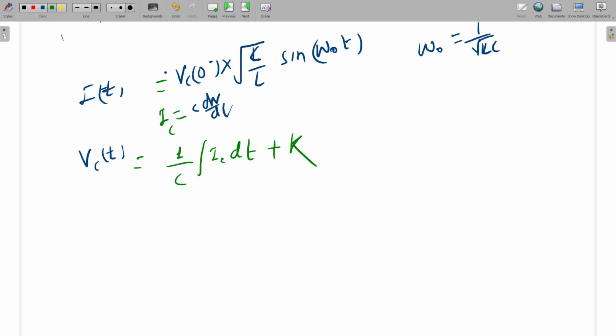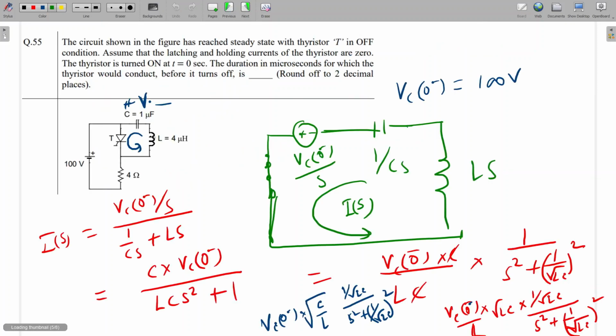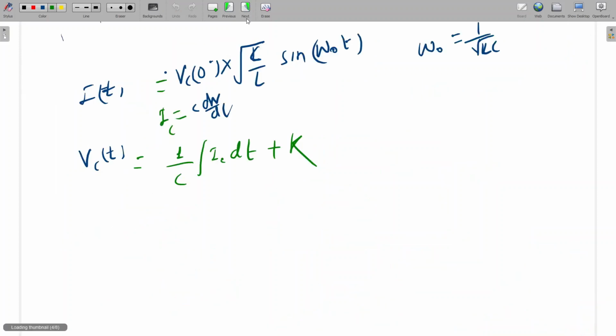K is the initial condition. In the diagram we can see that IC is going in this direction, so this formula will be valid only when this IC is input to the capacitor. IC is equal to C dV by dt is the formula we use when IC is input to the capacitor. Since here we are taking an output current, we can write this equation as 1 by C integral of minus IC dt plus K. Is it clear to all?